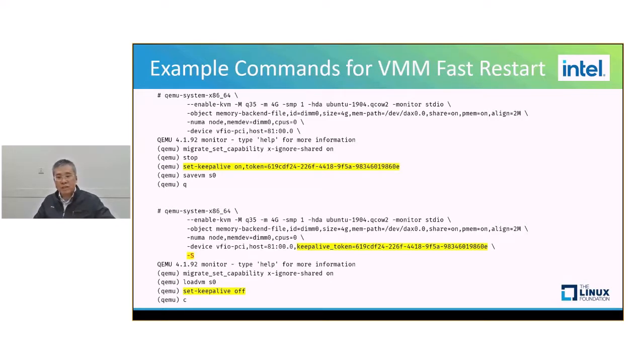The Qemu command set keep alive is a newly added command to set all the pass-through devices into keep alive state. It also specifies a UUID token. When Qemu restarts after Kexec-Reboot, it needs to specify this token to the VFIO device parameter so that the kernel can verify the resumed Qemu has the permission to own the pass-through device.